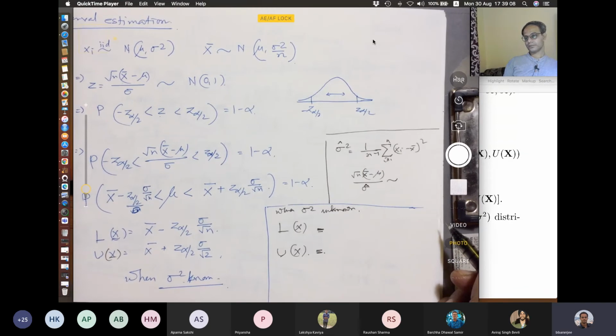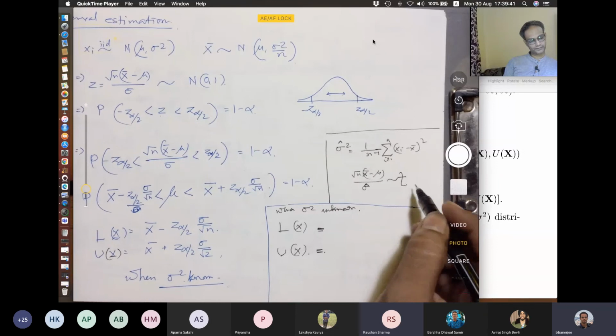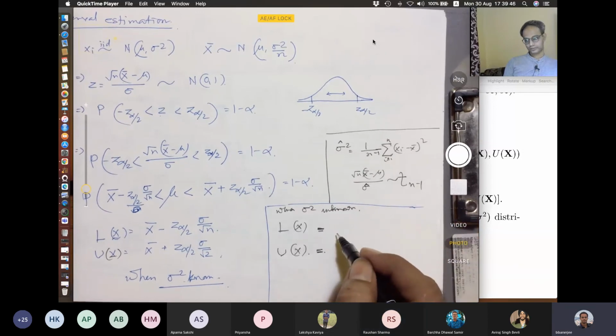What will be the distribution? Is it so new to you? We have done the entire construction in the class. So it will be a T distribution. Correct? Degrees of freedom? N minus 1. So what will be the lower bound and what will be the upper bound?